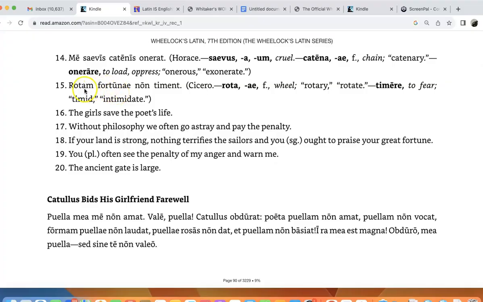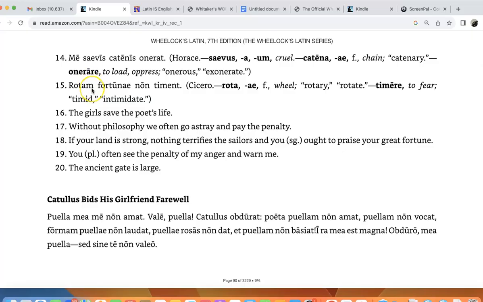Fortune, fate, big idea in the ancient world. Less so in the modern world. We have this idea of happiness, but we tend to think happiness is something individually achieved. For the ancients, happiness or fortune was something that was part of your destiny. There wasn't much you could do to change it. In fact, people who made mistakes, according to this ancient way of thinking, did so because they lacked self-knowledge and were trying to become something that they weren't.